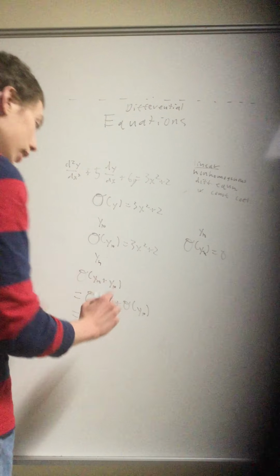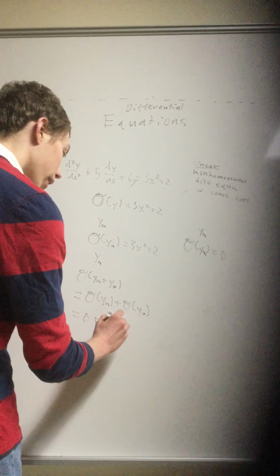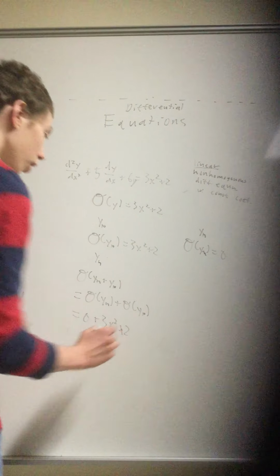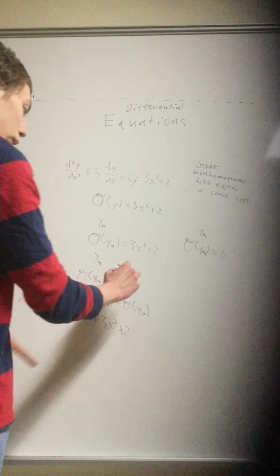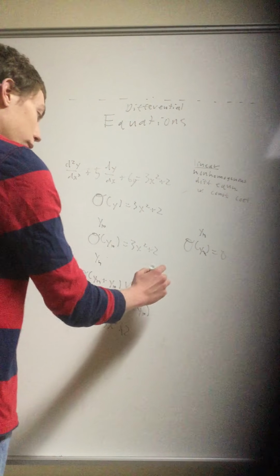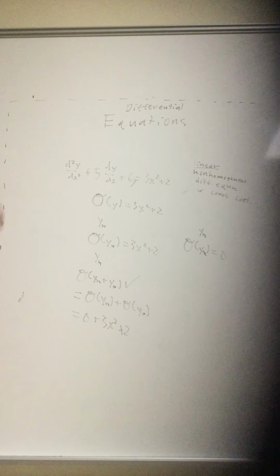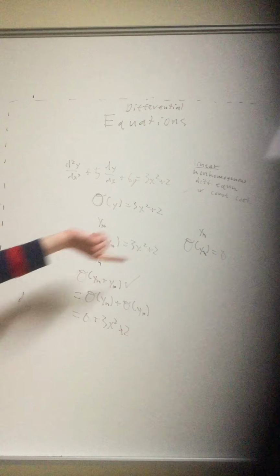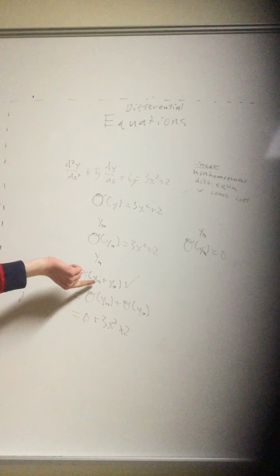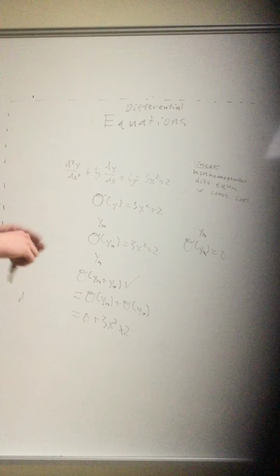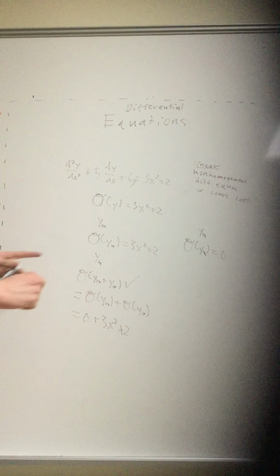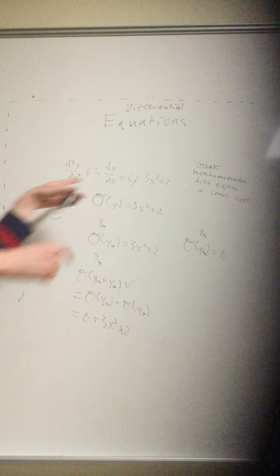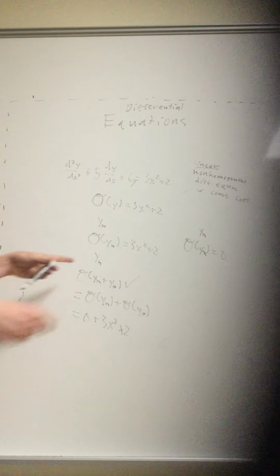O of y sub p is equal to 3x squared plus 2. So this y sub h plus y sub p gets a check mark. It satisfies it. So the idea here is that you can take a superposition, that's what we call it. You can add up the homogeneous solution, so the equation with this equal to 0, and the non-homogeneous, the particular solution, a solution that you find, and that will be a total solution.